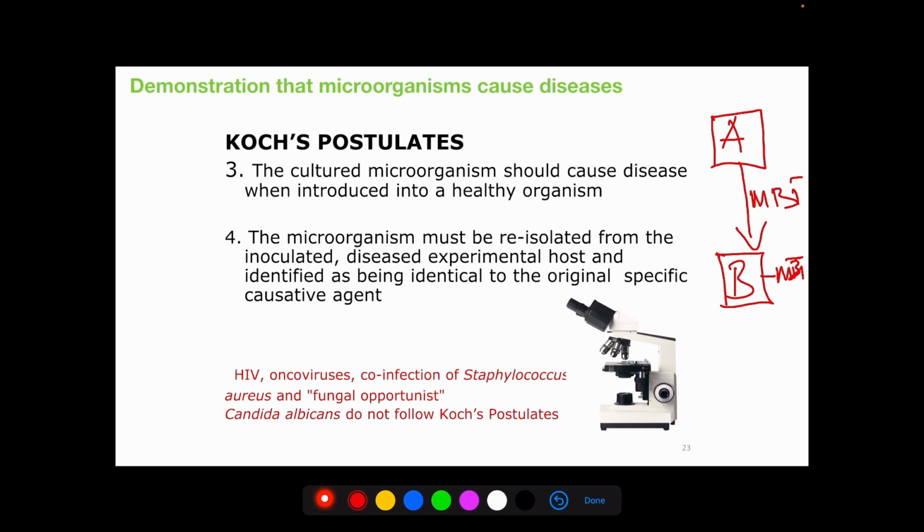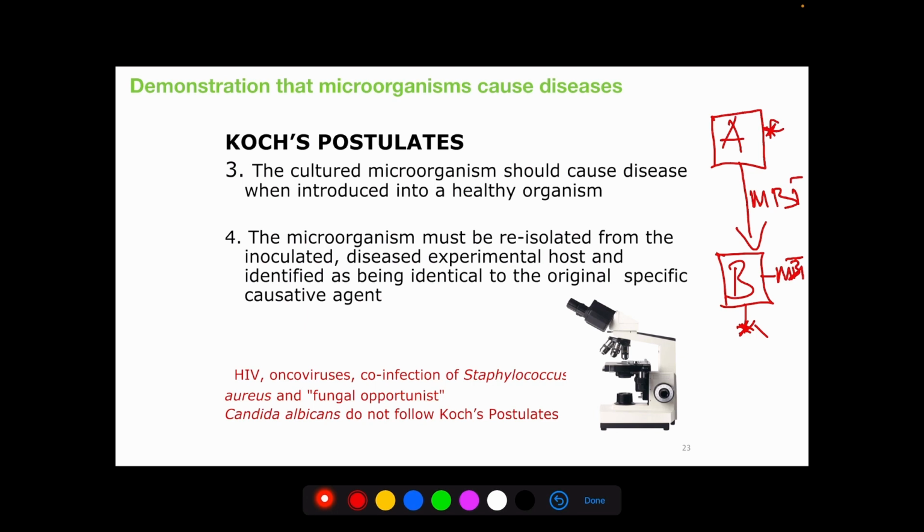Once we've introduced the microorganism into B, for B to also get tuberculosis, when we take samples of B, we should be able to prove that the microorganism found in B is the same microorganism which was found in A causing the disease.